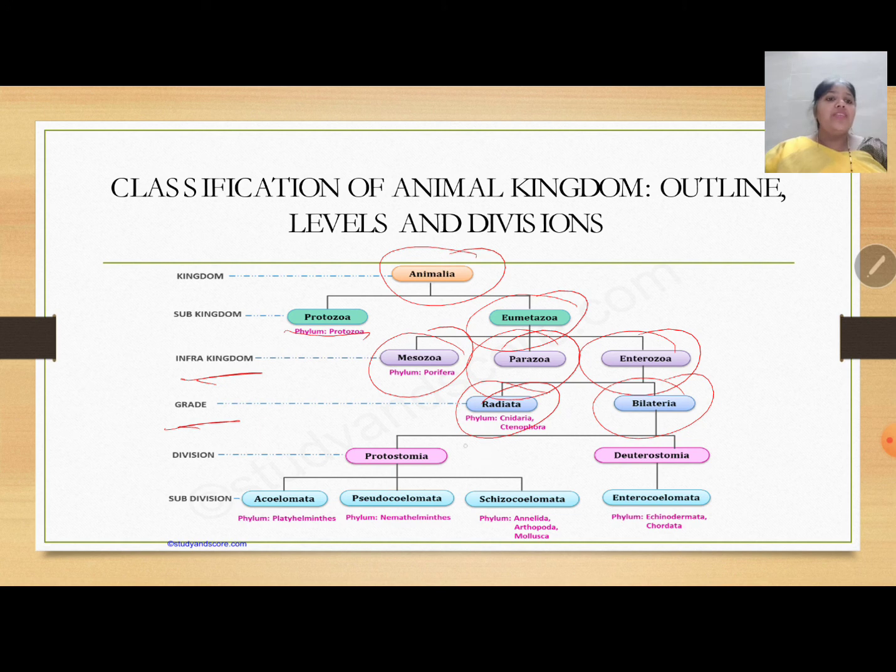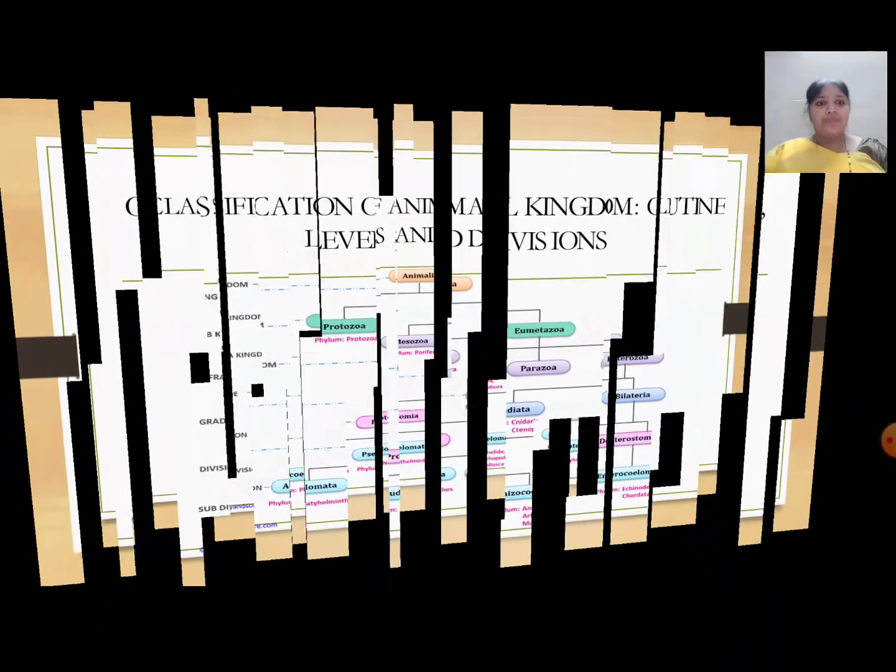Under Bilateria, you have the divisions Protostomia and Deuterostomia. Under the division Protostomia, you have Acoelomata, Pseudocoelomata, Schizocoelomata, and under Deuterostomia, you have the Enterocoelomata. So this is how the basic level of classification takes place in different levels and divisions.